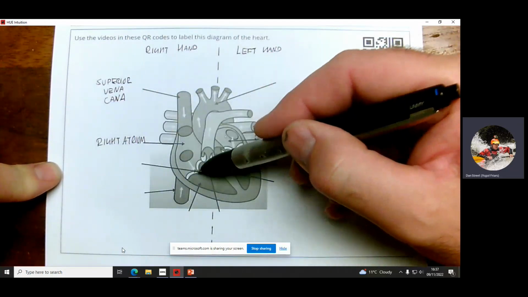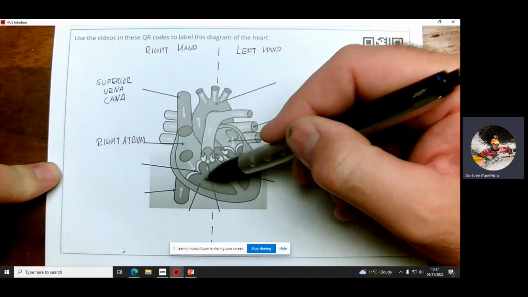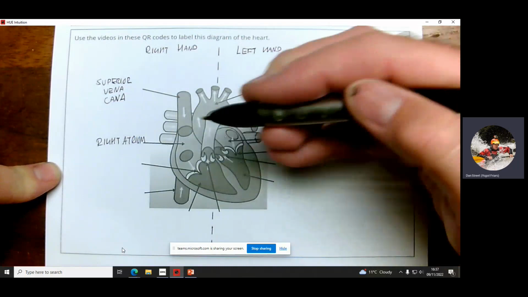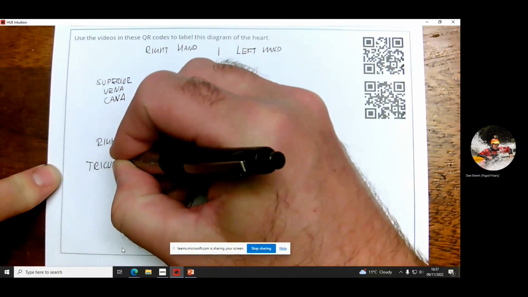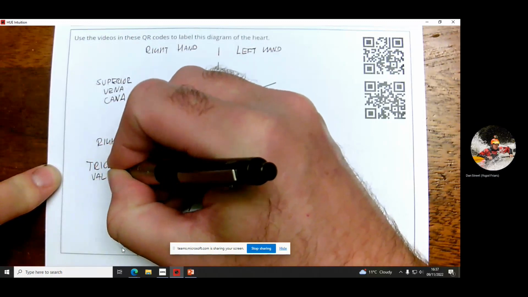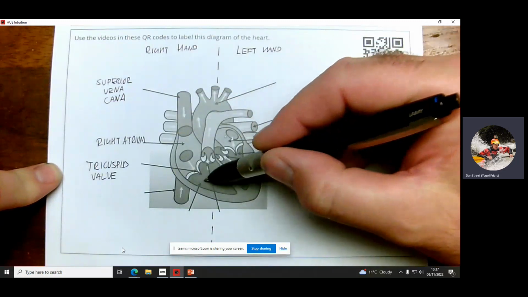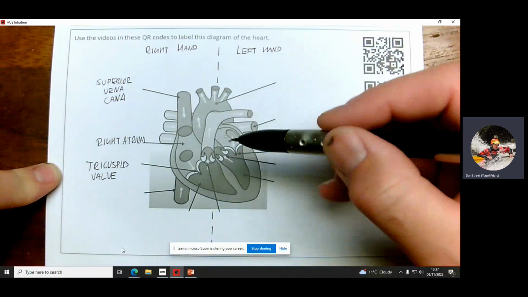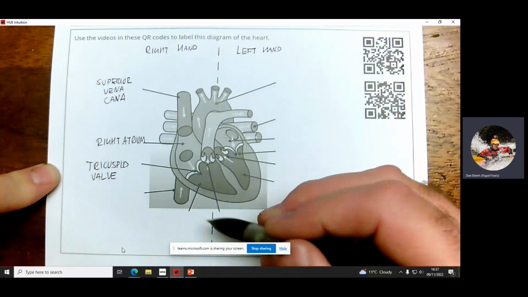This valve stops the blood flowing back into the atrium when it passes into the ventricle, and this is the tricuspid valve. Okay, and once it's passed through that tricuspid valve, it enters into this chamber here. This chamber is labelled with this arrow, and this is the right ventricle.